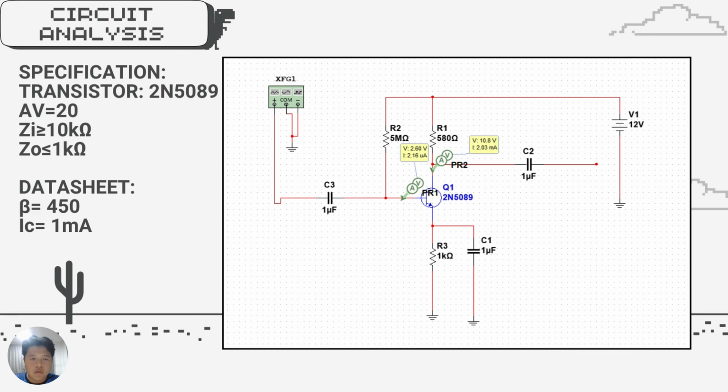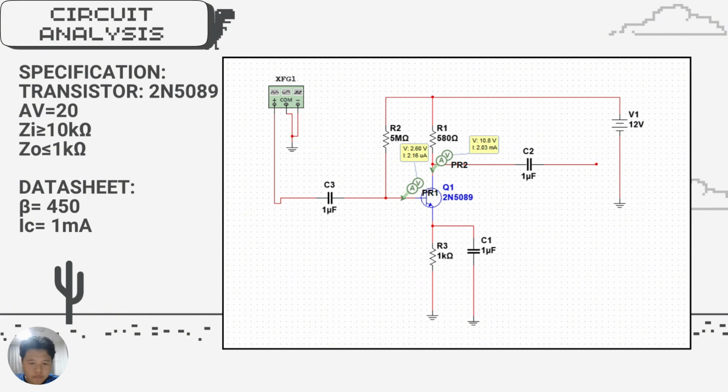Now we want to see whether the calculation is the same as the simulation. We simulate it in Multisim. First, for the interactive simulation, at probe one, we want to see the IB.